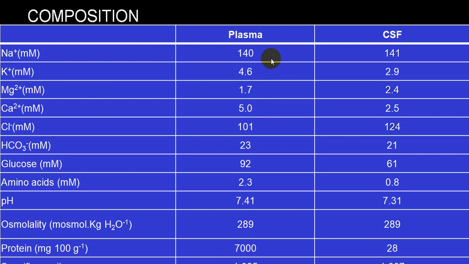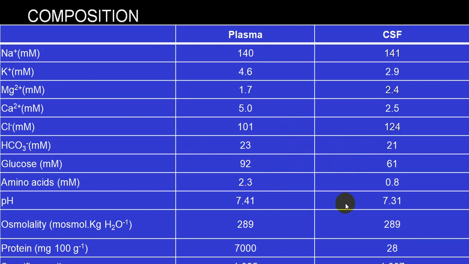And this will be the composition in plasma, and this is the composition in CSF. You can see sodium is almost the same, potassium is a little less, magnesium is a little more in CSF, calcium and chloride are a little more in CSF as compared to plasma. Bicarbonate is almost equal. Glucose is 60% of plasma level.